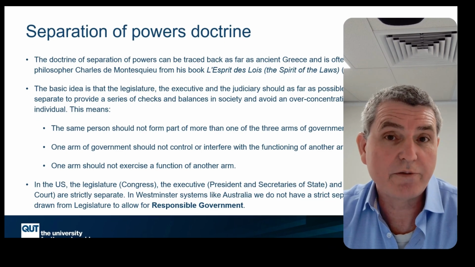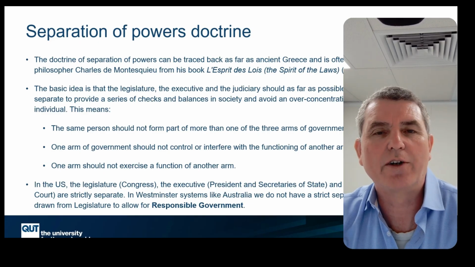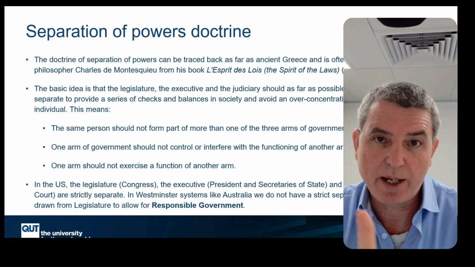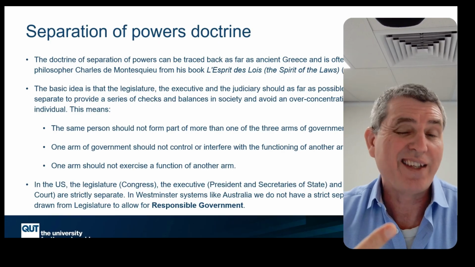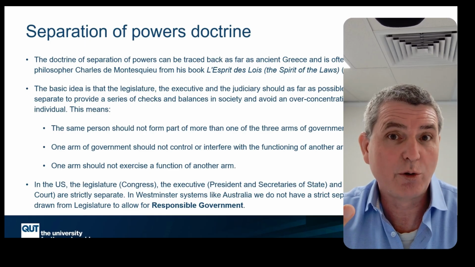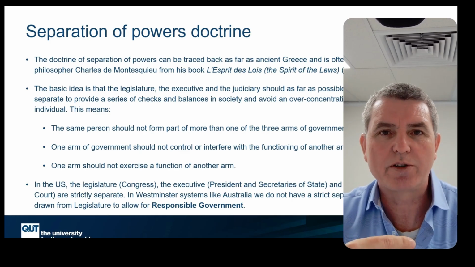A core reason for having these three arms is to allow for a check and balance on the exercise of power. If one person can make the law, administer the law, and judge the law, then they can essentially do whatever they want. They can interpret the law the way that they want rather than the way an objective person would.